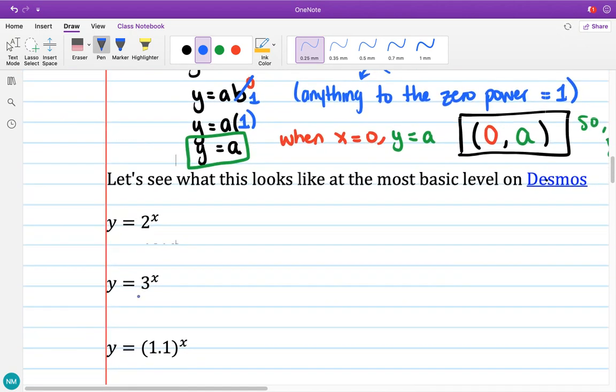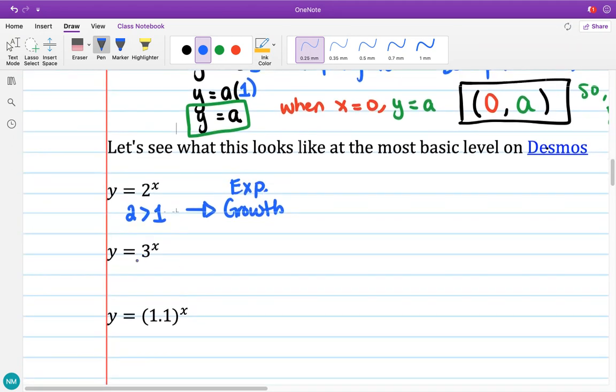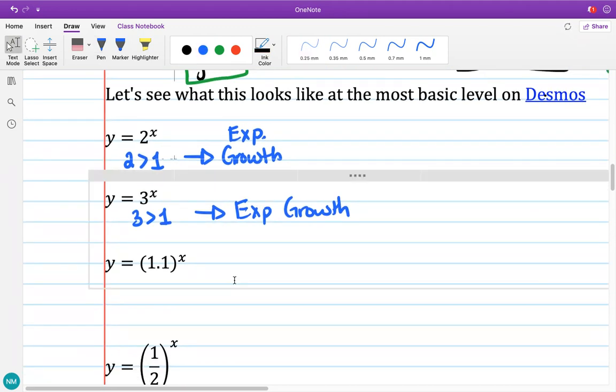So y equals 2 to the x. 2 is greater than 1, so therefore it is exponential growth. What about this one? y equals 3 to the x. My base is 3. 3 is greater than 1, so therefore it is also exponential growth. I have a 12 here.